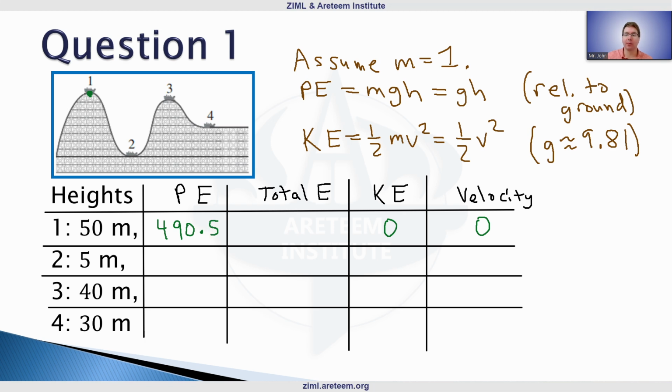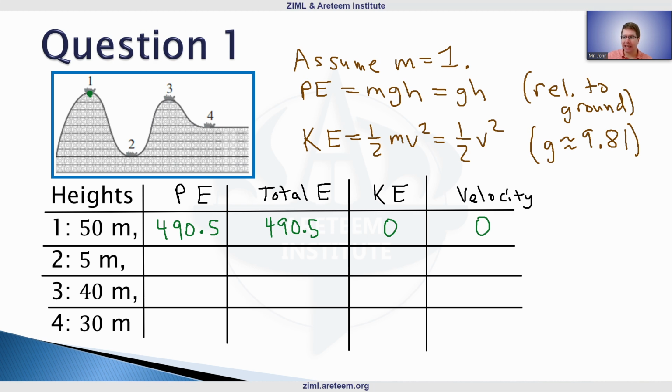That's roughly 9.81, 98.1 times 5, 490.5. Now, the key thing is that this total energy here is all that potential energy. There's no kinetic energy. So that tells us that those two things have to add up to the total energy.